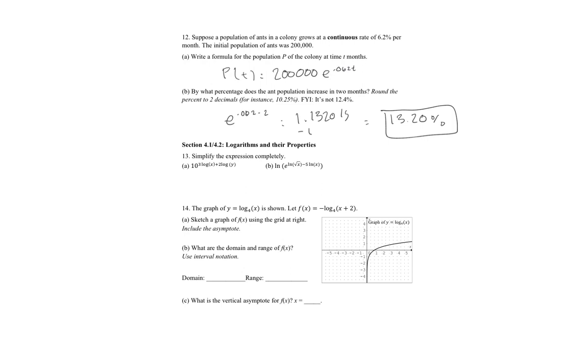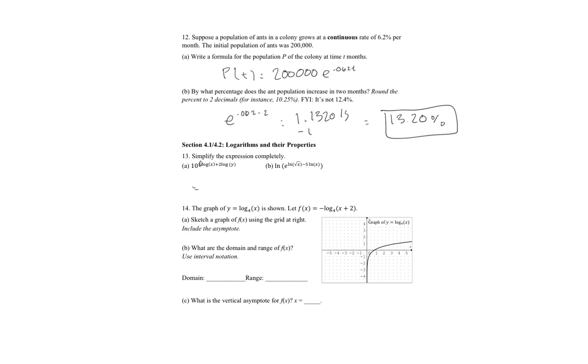Okay, so for 13a, if we're going to simplify this expression, first we know that if something is out in front of a log, we can take it inside the log, but it's going to be an exponent, right? So then that 3 log x turns into log x cubed, and then 2 log y can turn into log y squared, right? And we also know that if we have logs added together, we can multiply what they have inside of them and take it as 1 log, right?